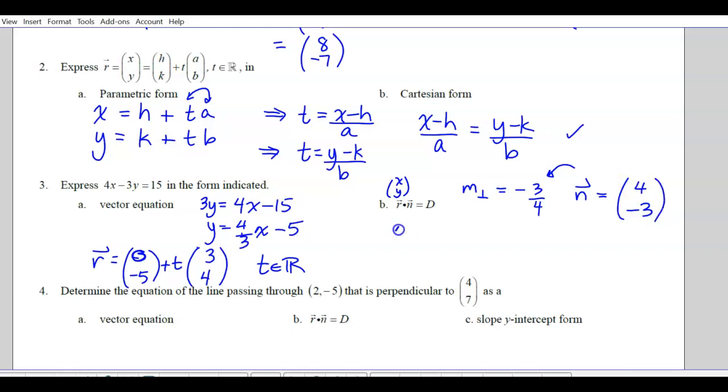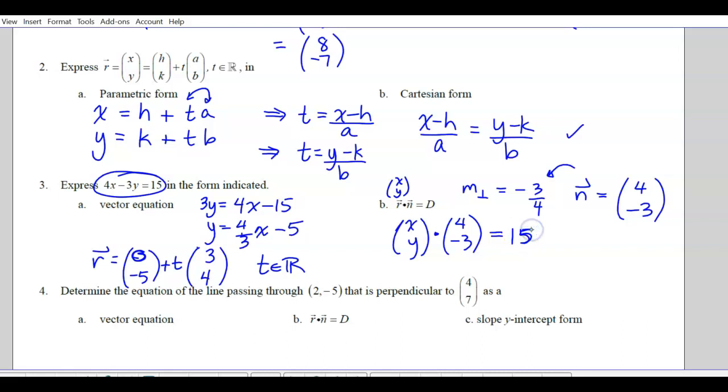So now I'm going to use xy just to help us see how this works. 4, -3 equals some constant. So if you take the dot product, you get 4x minus 3y. That's exactly what this says here. We need it to be equal to 15.